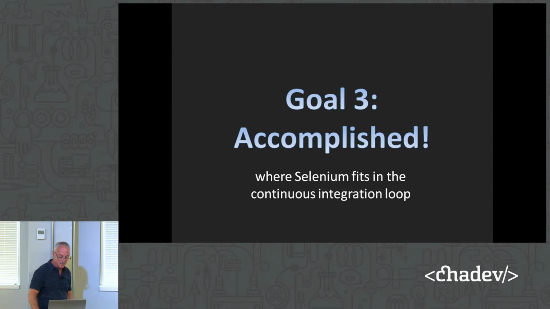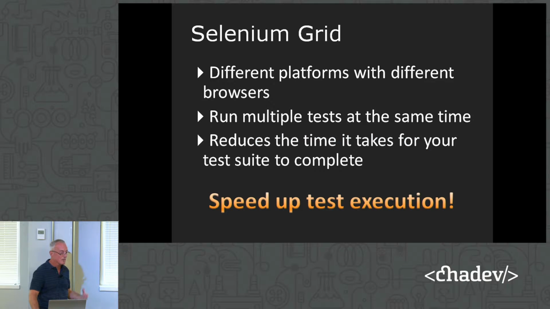So that being said, we're going to go into what I call the really essence of Selenium, and that's the Selenium Grid. So the grid allows you to execute tests on different platforms, on different browsers at the same time. It allows you to run multiple tests at the same time, so you can reduce the time it takes for your test suite to complete.